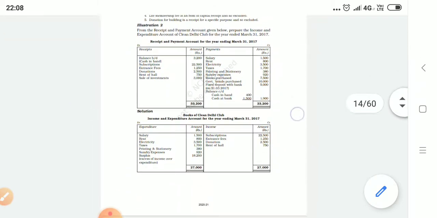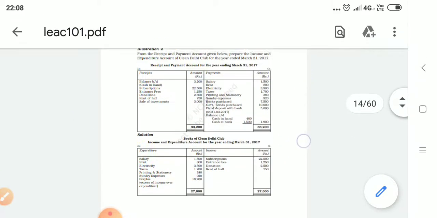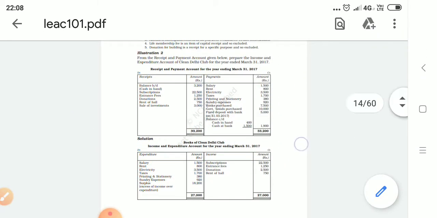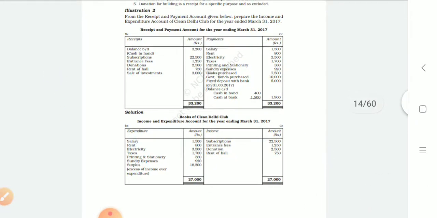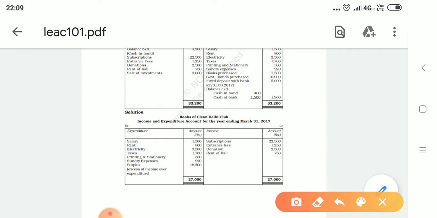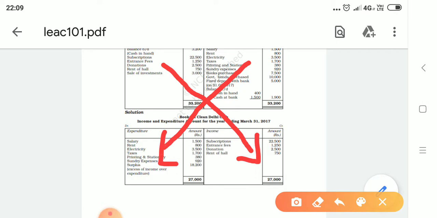Okay. So in this question, we do not have any additional information. So you have to follow the cross method. What is the cross method? All receipts, revenue receipts, will go to the income, and all revenue payments will go to expenditure.